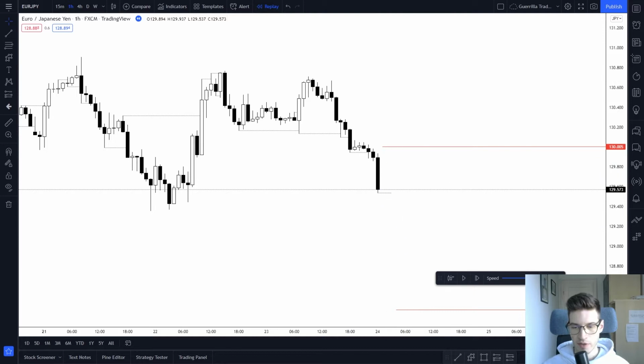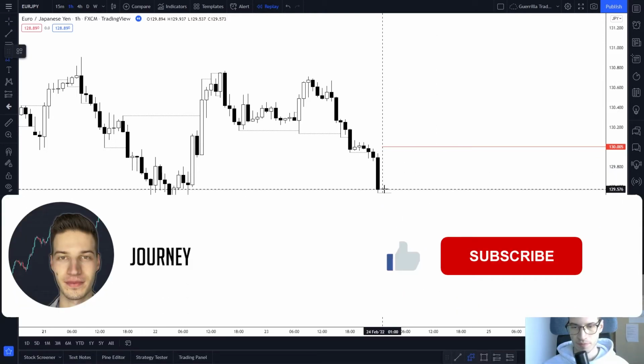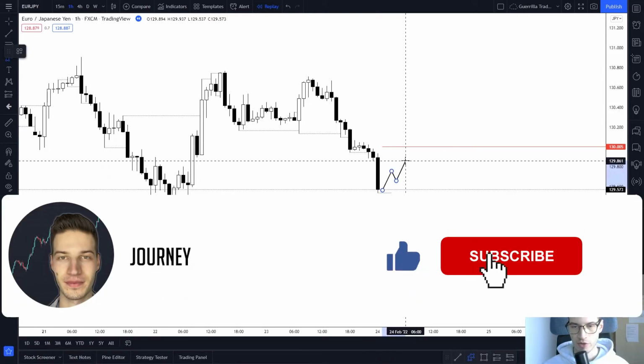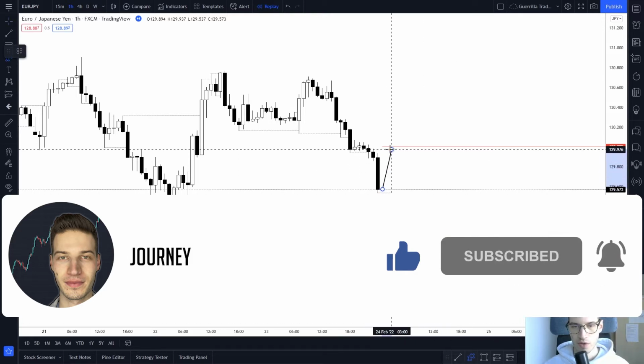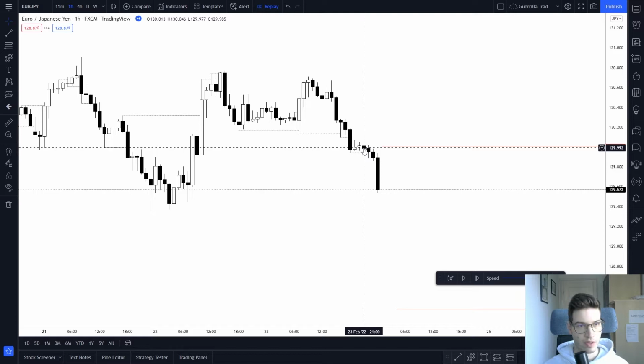So at this point I was looking for maybe a flag or a combo to the entry point, and I didn't want to just take a straight retrace to the entry point, which would be right here on this candle, I think.